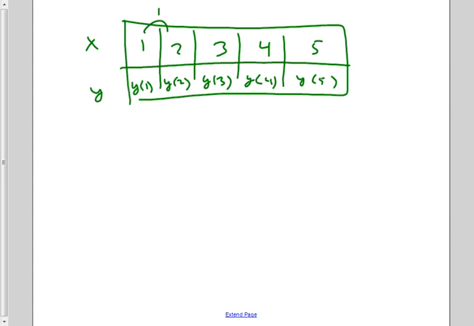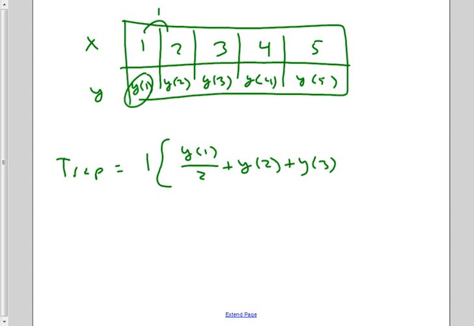My base is 1, so the trapezoid rule is going to result in 1 times my first value over 2 plus my second plus my third plus my fourth and plus my last value divided by 2.